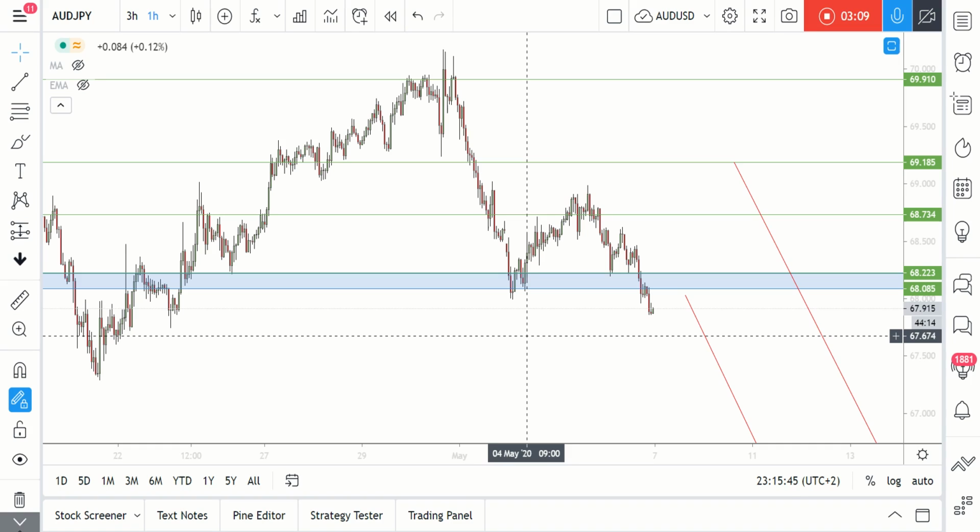So if the exports aren't as much, obviously the demand for that particular currency isn't as much. It's not necessarily only gold, but gold contributes heavily to the net exports of Australia.